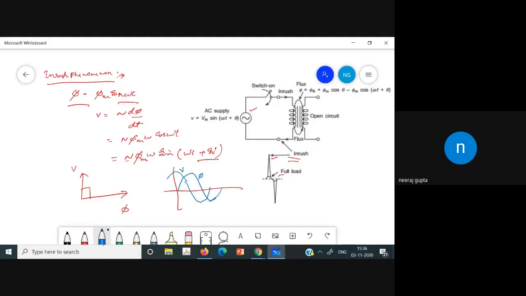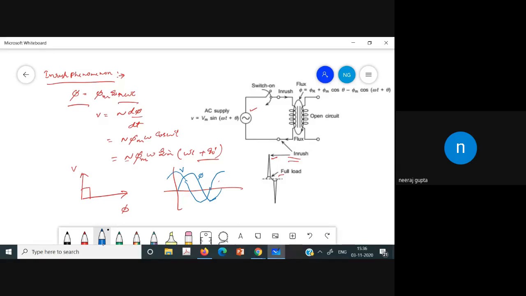Now, from this, what we analyze is that when the voltage is passing through zero and becoming positive, as you have seen in this case, the flux should be at the negative maximum.